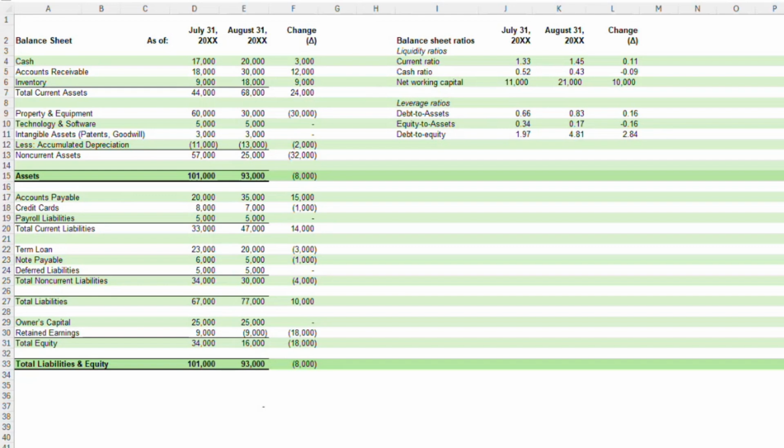If you're just increasing receivables without an increase in a commensurate amount of sales, that could be a problem, right? So, we're not looking at an income statement here where we could see an increase in sales, but if we are increasing receivables because we're not collecting, that's the issue.